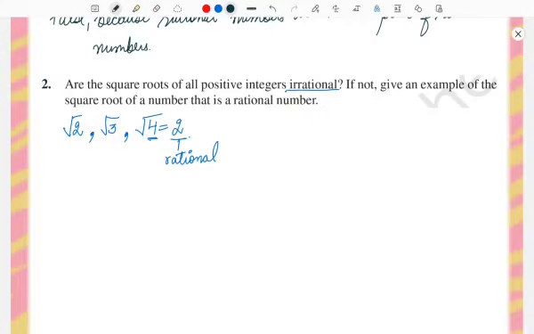If not, give an example of the square root of a number that is a rational number. So we can give this same example. So what will be the answer that we are going to write?